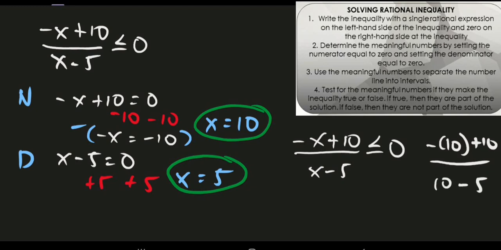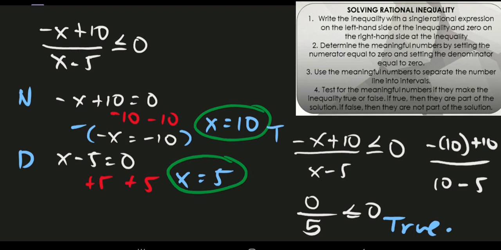And let's simplify. So negative 10 plus 10 is actually equal to 0, all over 10 minus 5 is 5. And that is less than or equal to 0. And again, any fraction with the numerator as 0, that means the entire fraction is equal to 0. So obviously 0 is less than or equal to 0. And this is true. So let's put letter T.